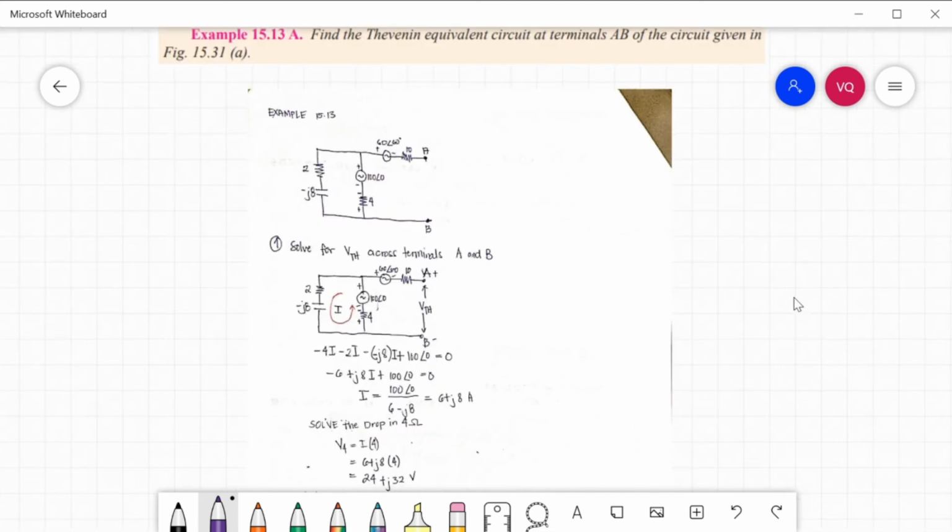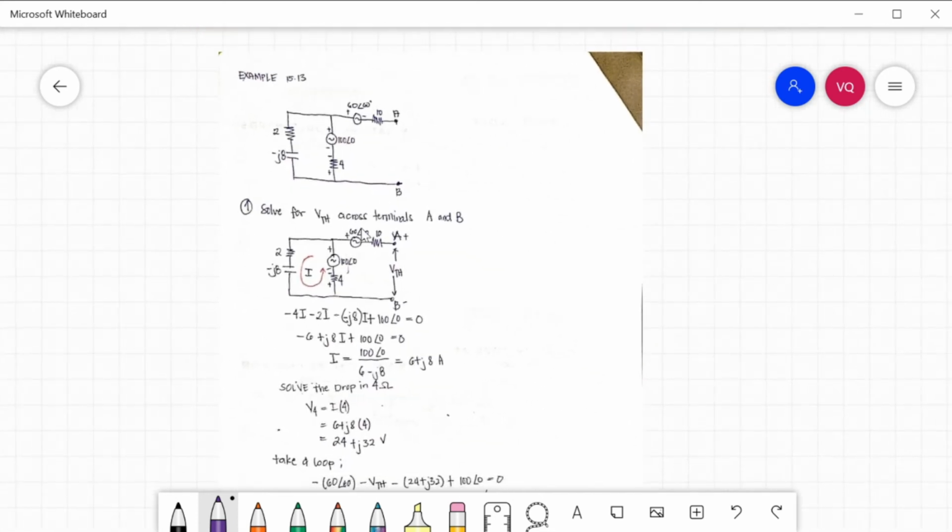First, solve for VTH across terminals A and B. For us to solve the voltage across A and B, we need to solve first the current flowing in this circuit. As you can see, there is no current flowing in the 10 ohms because our circuit here is open. Only here is there current because it is a closed loop.